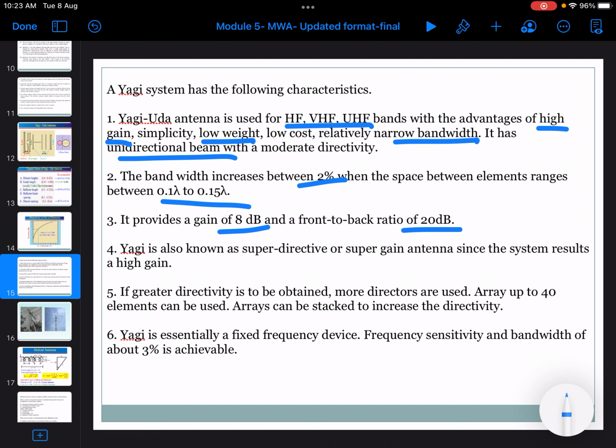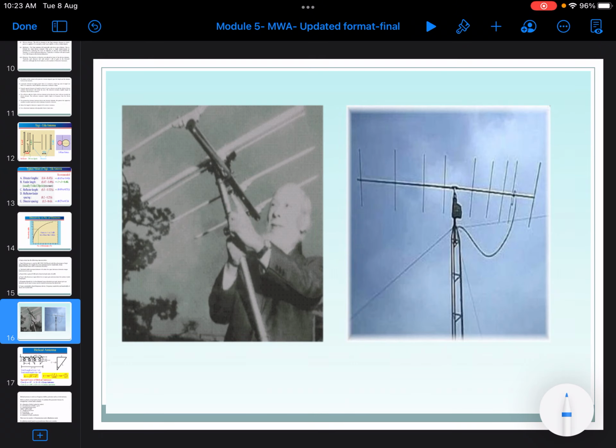The Yagi antenna, which we also call a super directive or super gain antenna, as it results in a high gain. If we need more directivity, I need to add more directors. The Yagi antenna is a fixed frequency device, frequency selective, and a bandwidth of maximum up to 3% can be achieved.